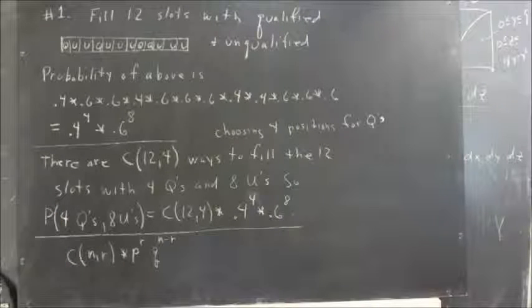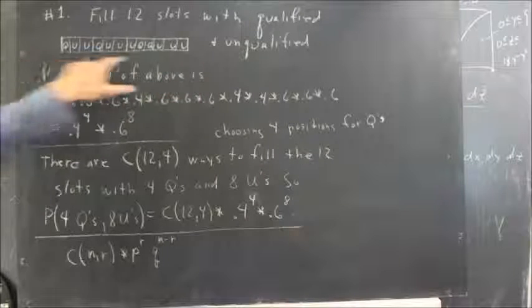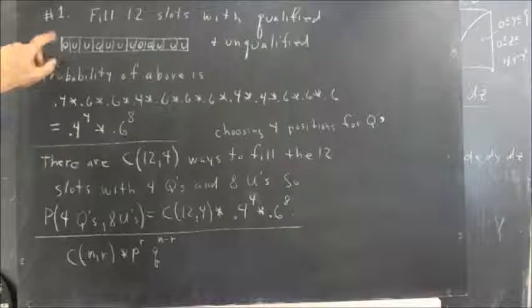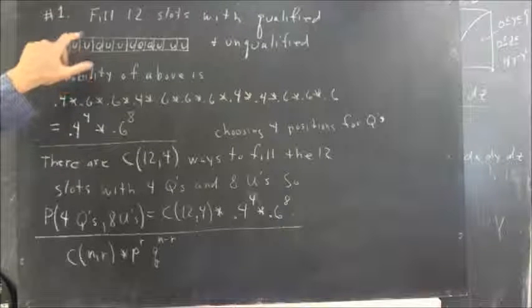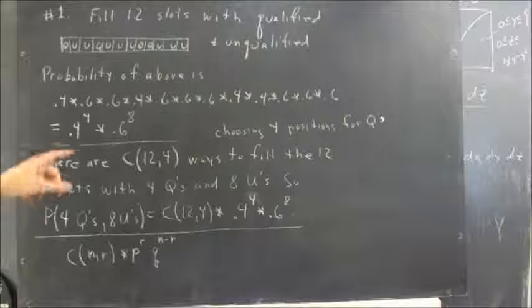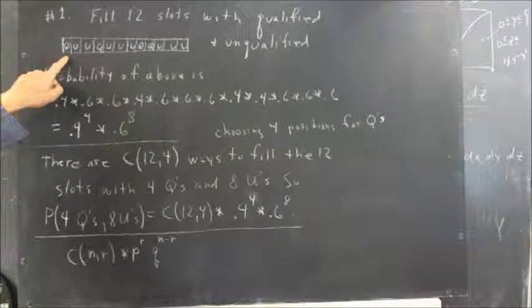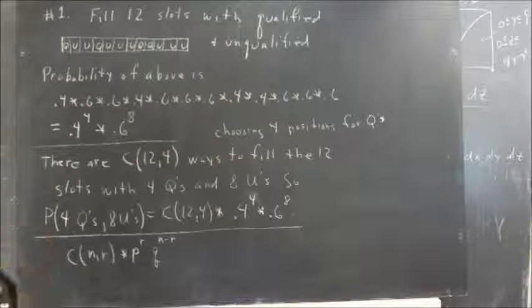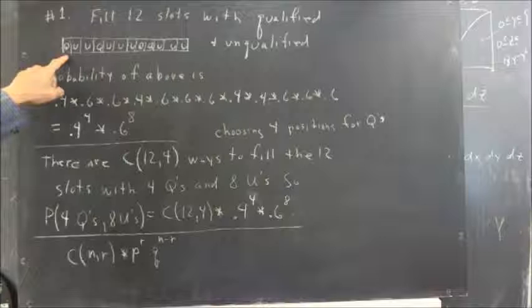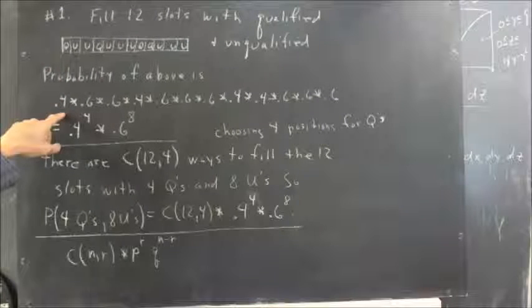So the probability of getting this specific result, first person qualified, second unqualified, third unqualified, fourth qualified, etc., is what? Well, 40% of the people are considered to be qualified, which means 60% will be unqualified. The probability of the first person being qualified is therefore 0.4.